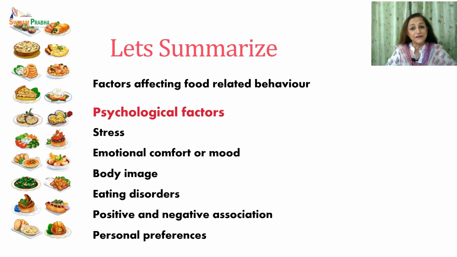We considered the role of stress, emotional comfort or the mood which food provides, the body image of the person, certain eating disorders, positive and negative associations, and personal preferences, which also affect food choices.